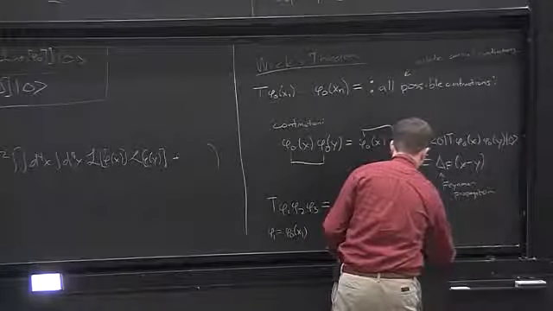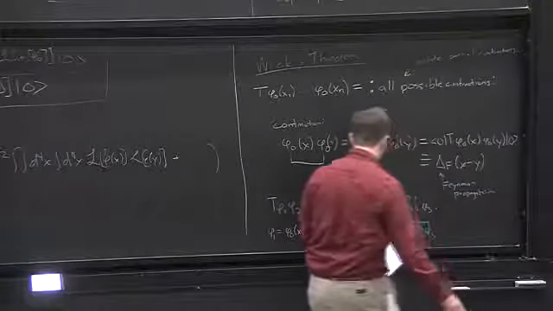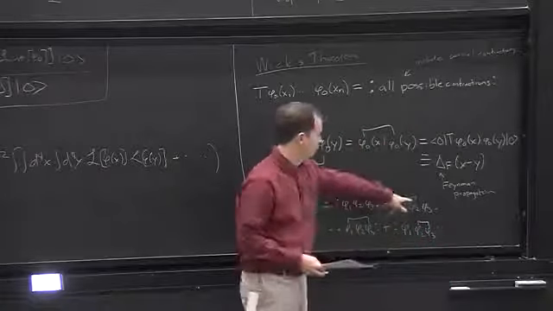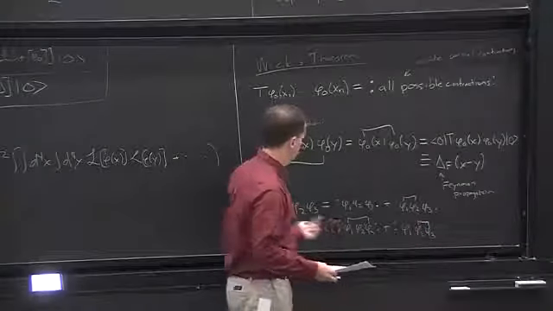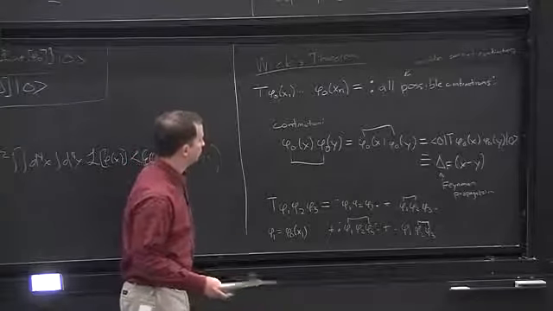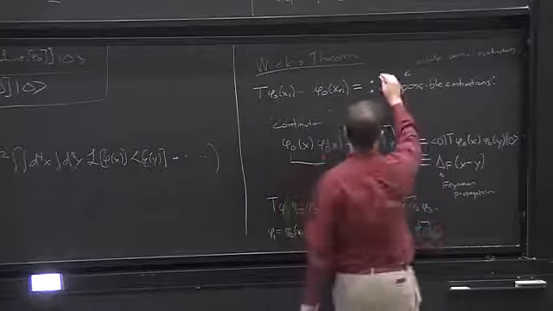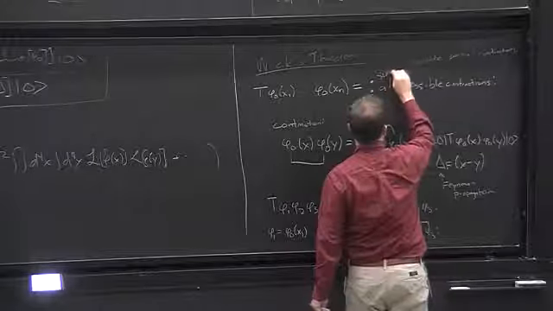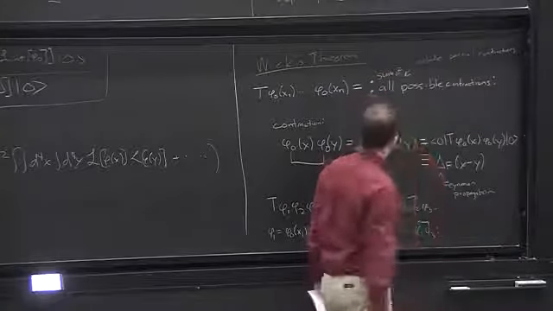Those are all the partial contractions. We can contract no fields or 1 pair of fields. There's no way to contract all 3 fields. So that's what the statement means. So really, maybe it should be the sum of all possible contractions.